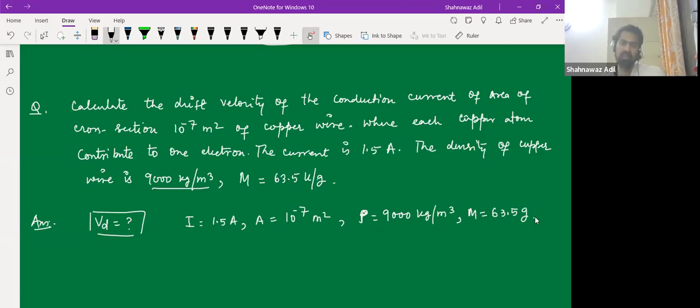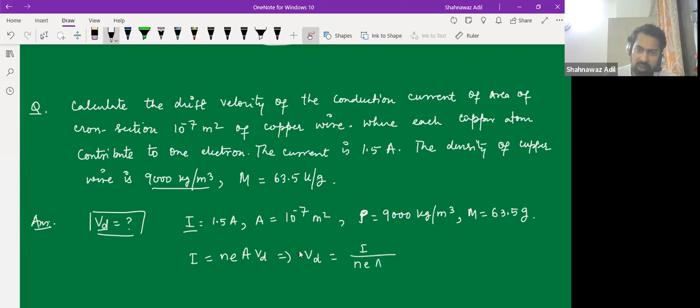Okay. So now we know the relation between current and drift velocity, right? So I is n e A Vd, and we have to calculate Vd. So this would be I by nAe, right? So what are the things that we already have?